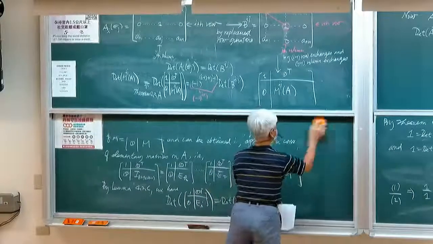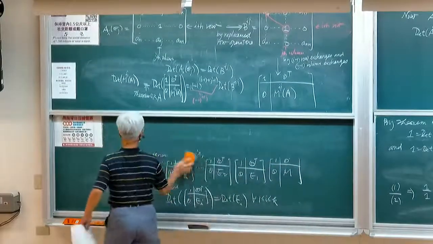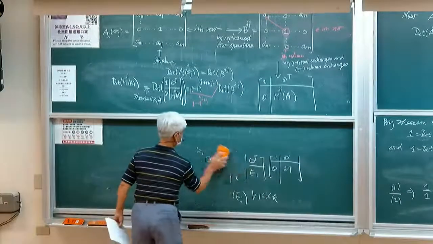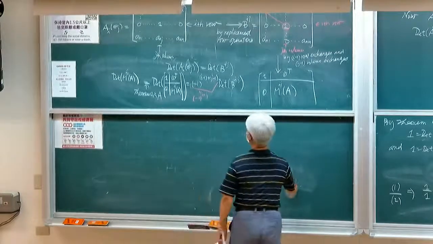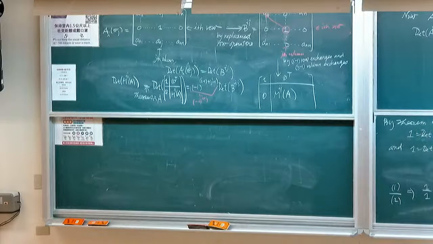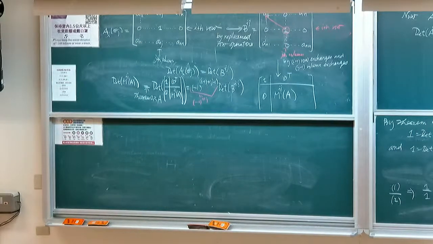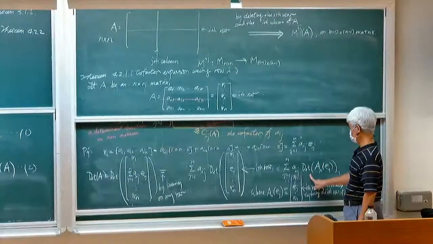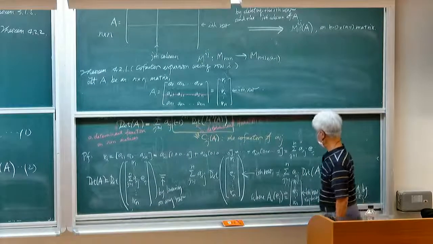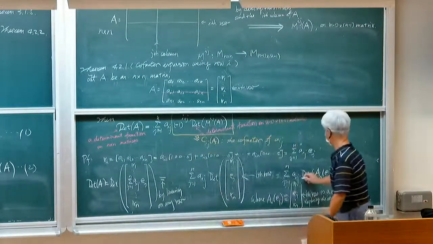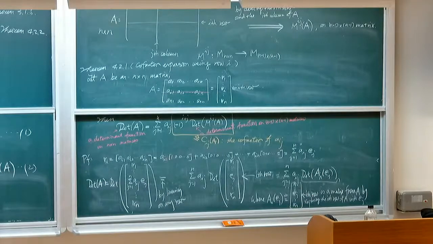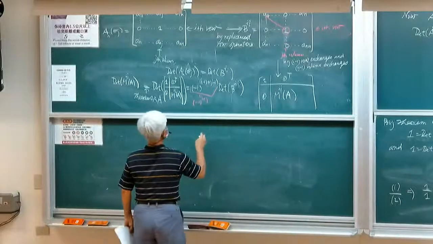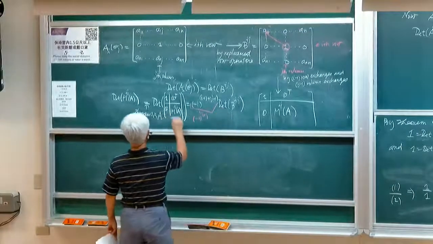All right, so now when we combine this expansion using the linearity on the ith row, we begin with this, and from here we have this identity.